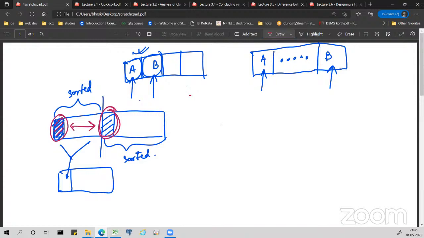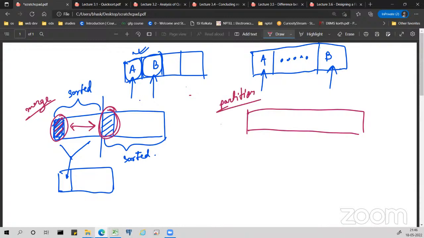So that's why merge sort compares elements which may be located far away in the memory, and that's why, from the memory perspective, it's not that good compared to quick sort from the hardware perspective. But in quick sort, what happens is the partition algorithm, right? This is the merge algorithm. This is the partition algorithm.